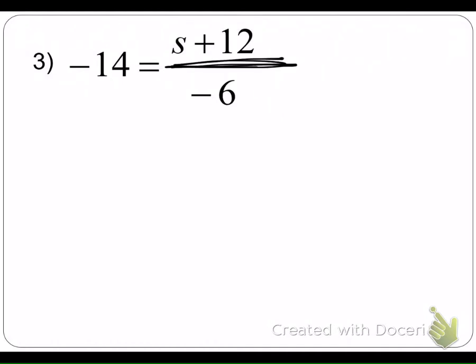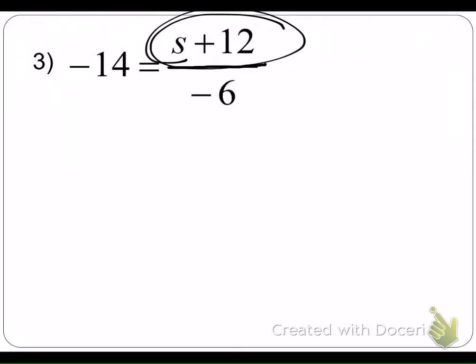So normally we undo the adding and subtracting first. You cannot do that in this case. In this case, we got to get through this guy down at the bottom. I like to call these bodyguard problems. I like to think of this guy as the guy guarding the elevator. When celebrities stay at a hotel, they stay up in the penthouse. So you got the S and the 12 up in the penthouse. We can't get up there yet. We got to get through the bodyguard. This whole thing is being blocked by the negative 6.